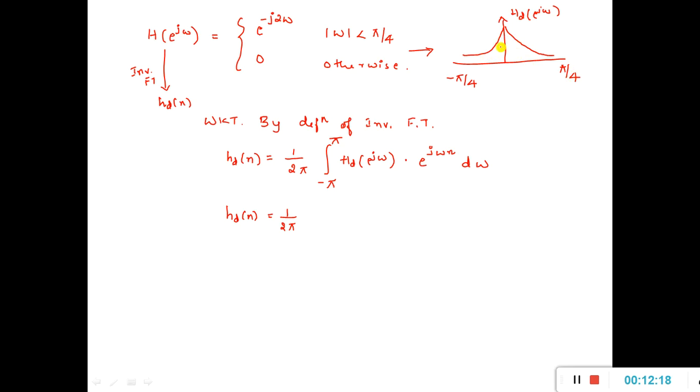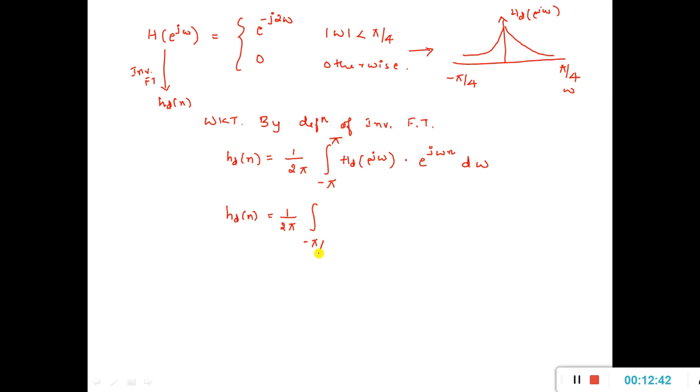Since it is a continuous signal, I need to obtain its impulse values at various instants of time omega. It is as good as applying the inverse Fourier transform.